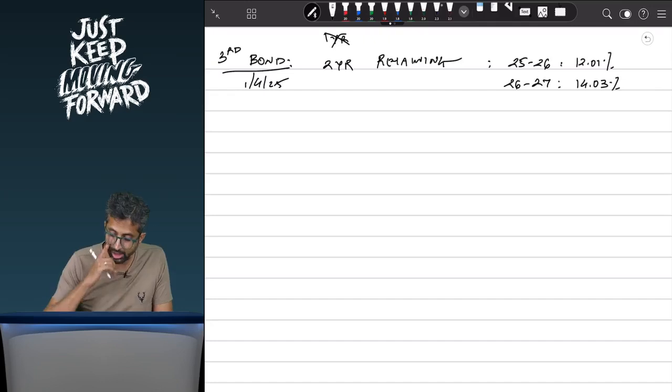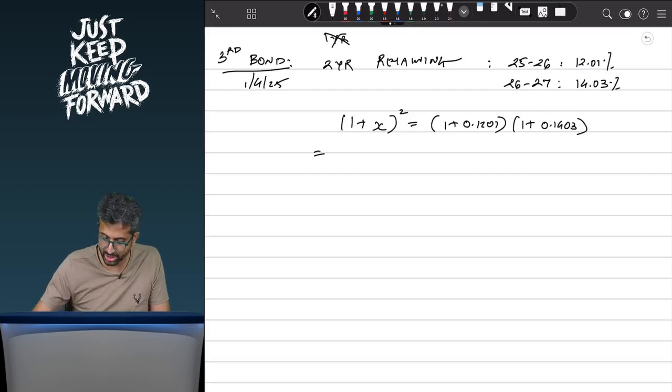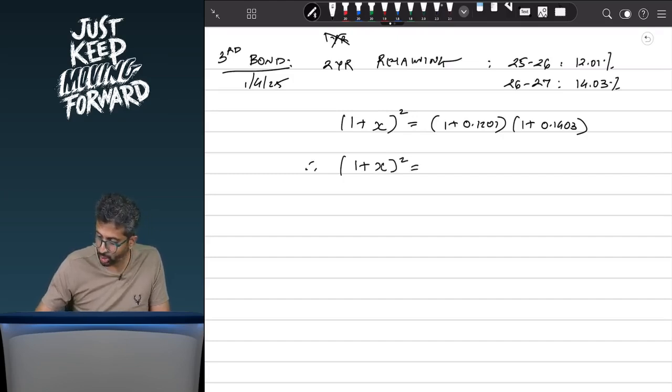Now what will be the YTM? Well, we don't know what the YTM is, but we know that 1 plus, let's say, x squared will equal 1 plus 0.1201 into 1 plus 0.1403. X is like the YTM, so 1 plus x squared equals 1.1201 into 1.1403.